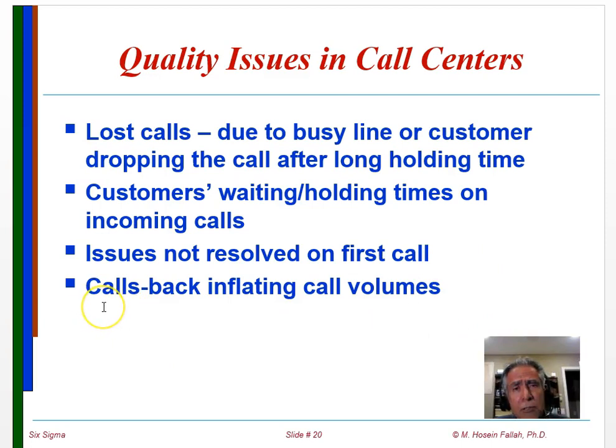The more customers have to call back, that actually inflates the number of calls and results in more demand for staff and equipment. So these are typical issues with the call center. This case study focuses on not resolving calls in the first attempt.